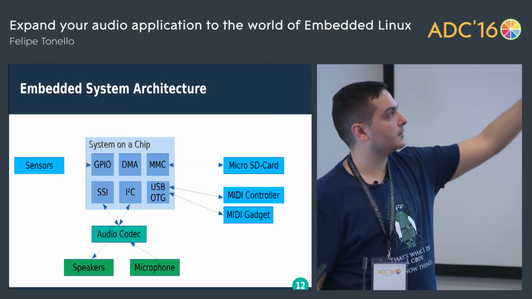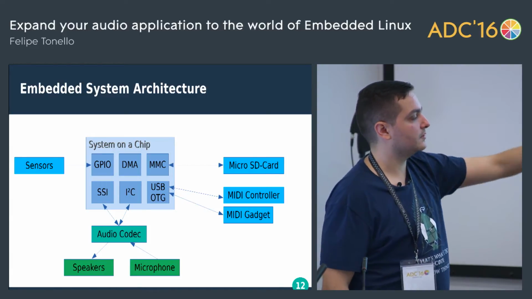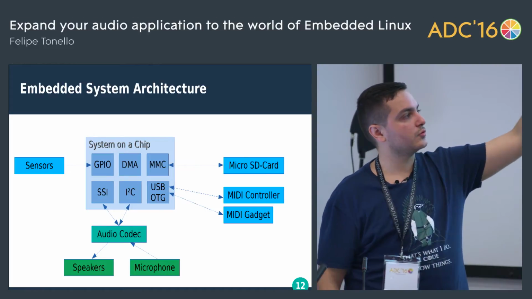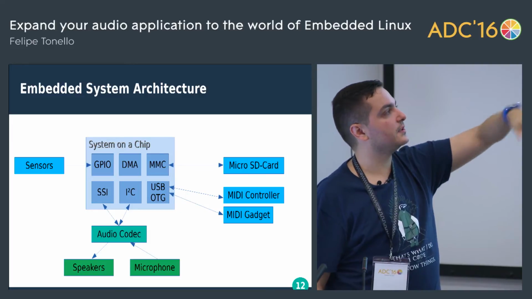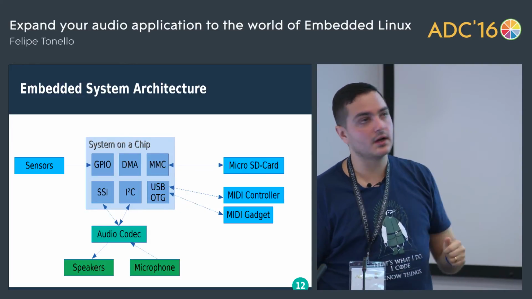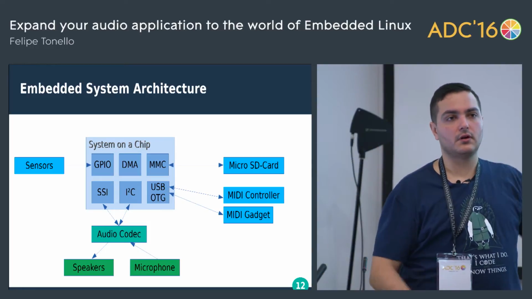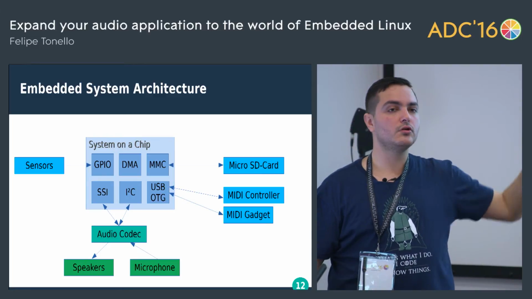You connect the audio line and I2S to a codec, to the speaker and microphone, let's say, the USB host with a MIDI controller, the MMC controller to a micro SD card, and sensors to GPIO, or even other things. It doesn't matter, you don't use everything.